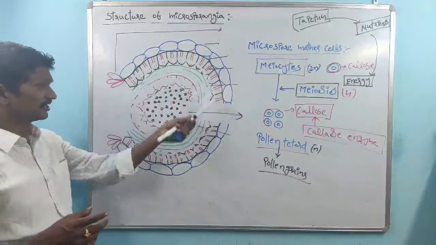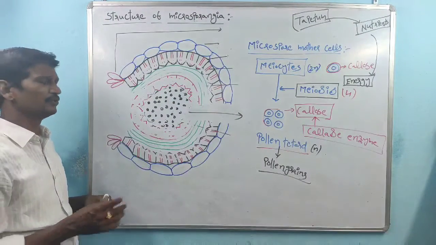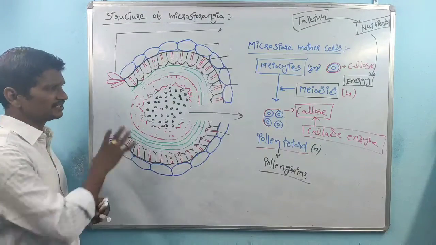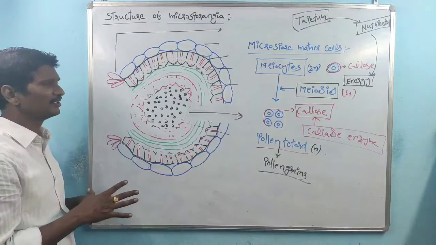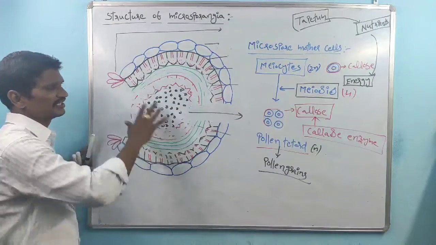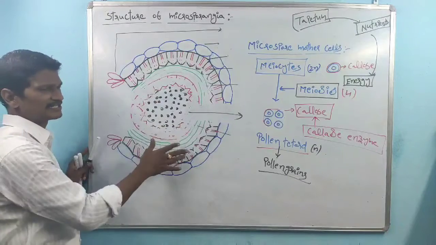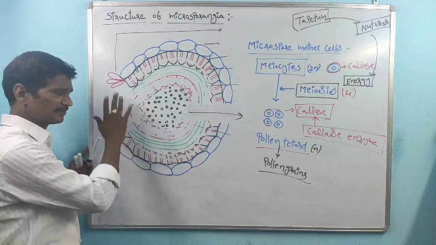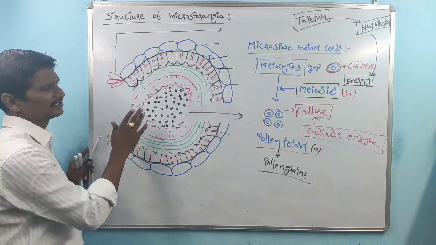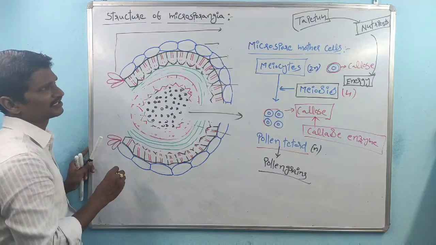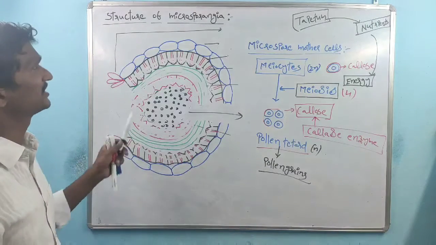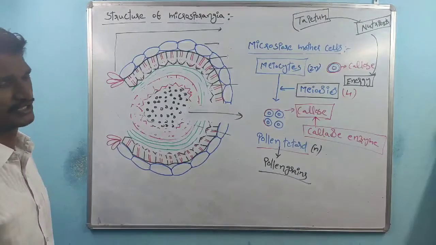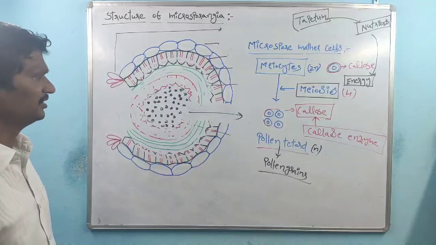Within the anther is the microsporangia, and within the microsporangia these tissues are present: epidermis, endothecium, middle layers, and tapetum, which is very important. After that, microspore mother cells are there, right? So that is about the structure of microsporangia.